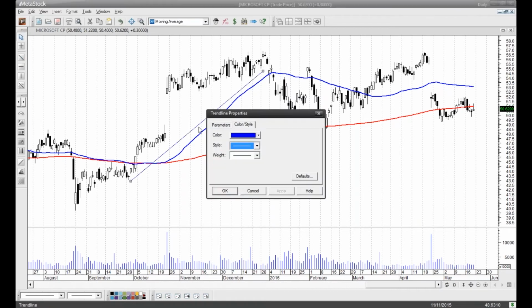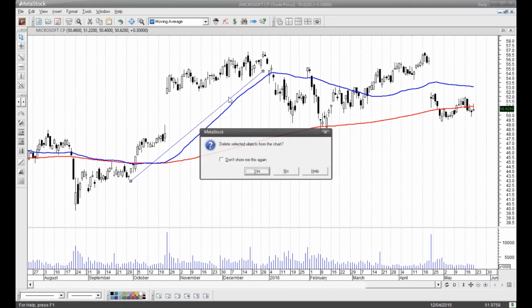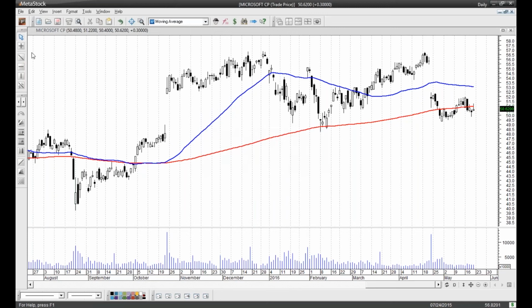Again, once we draw the trend line, we can double click on it. We can change the parameters of it, the start date, the value, all these different things. We also have support and resistance lines that can plot as well as vertical lines.